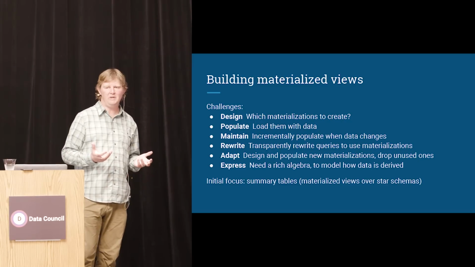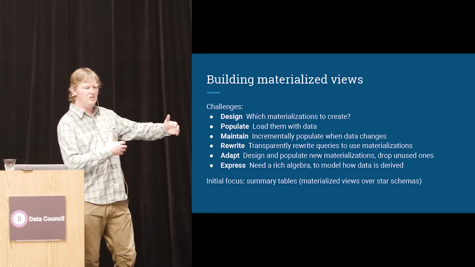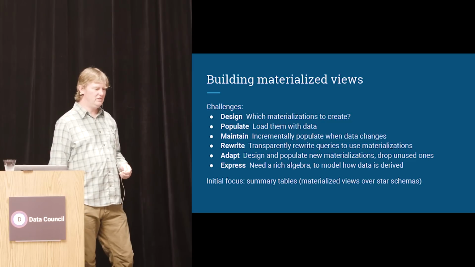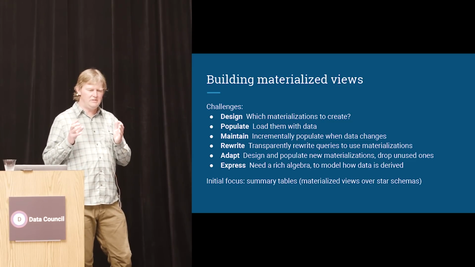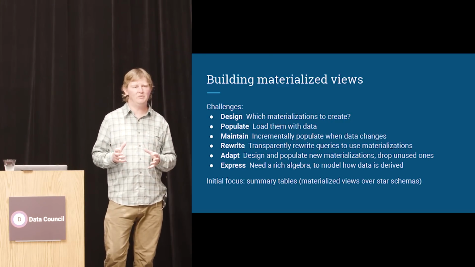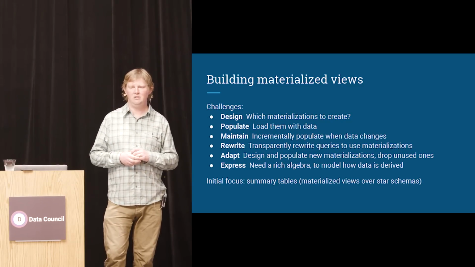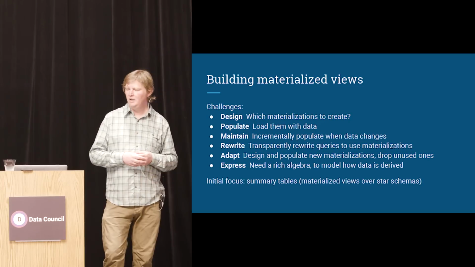We need the system to adapt, which is not just, I've looked at the queries over the last month and I think we need this new materialization. If someone is running an analytics session right now and analyzing this data, we want the system to adapt to that pattern of behavior now, and not wait until tomorrow.